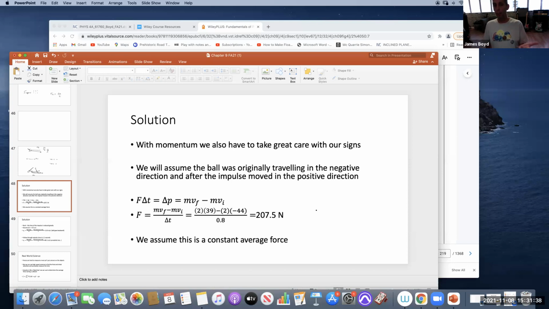Again, if you think about this, it's really hard to get a force gauge on a baseball or a bat, right? You couldn't really make a bat with a force gauge in it. However, you can take a high-speed camera, you can get the velocity of the ball right as it makes contact with the bat. You can time how long the bat is in contact with the ball, and you can get the final velocity as it leaves the bat.